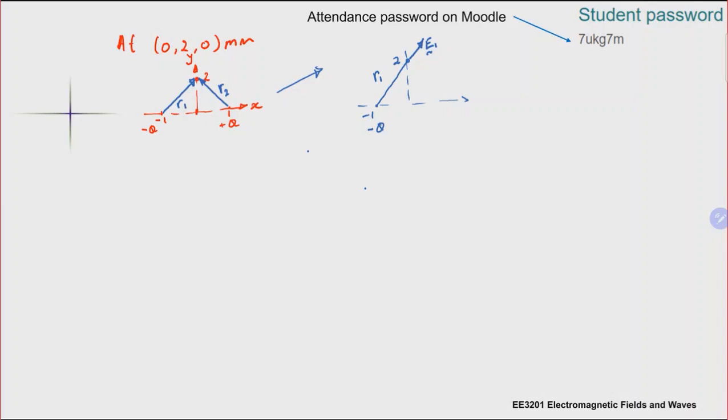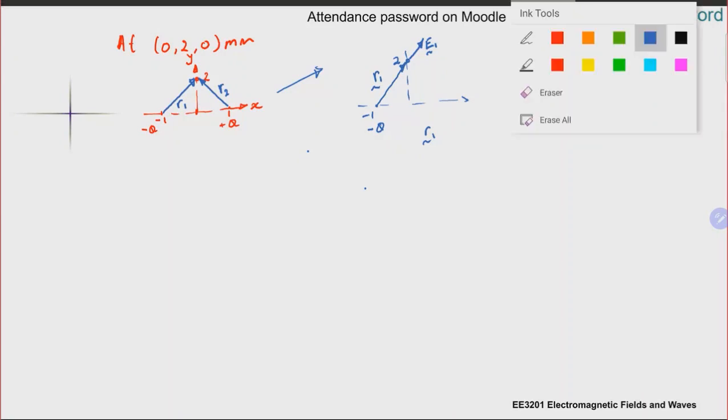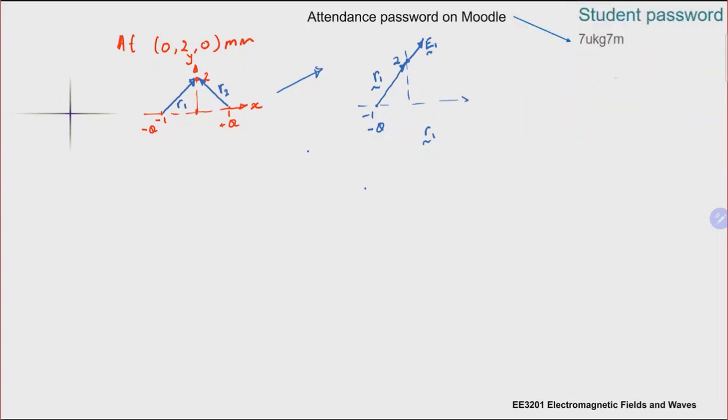So we can first work out what is R1, our vector R1. So our vector R1 will be this vector plus this vector.